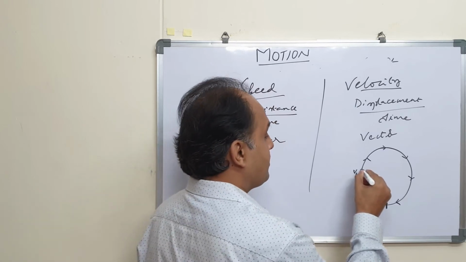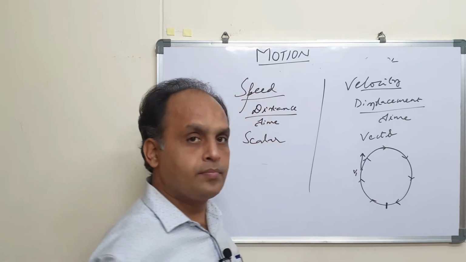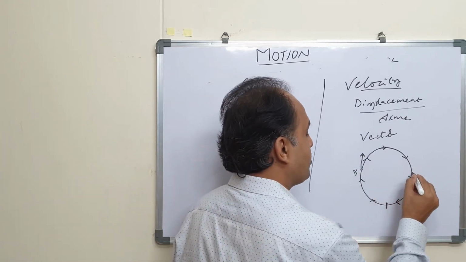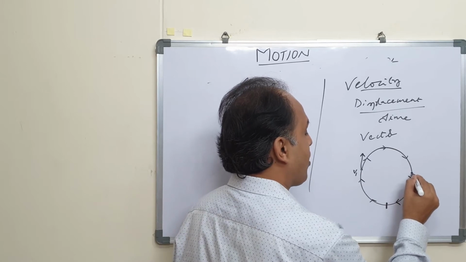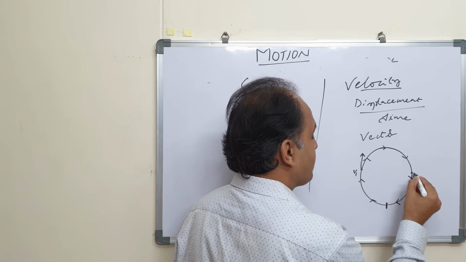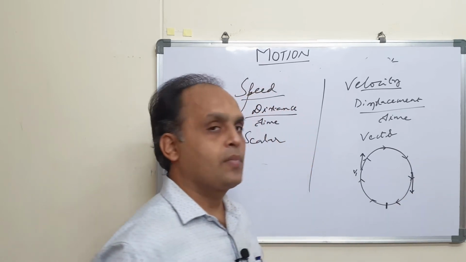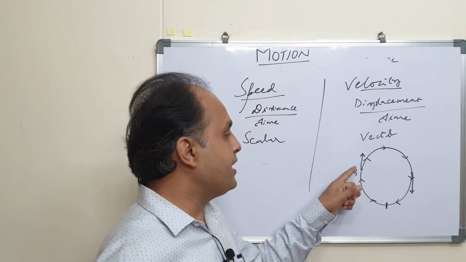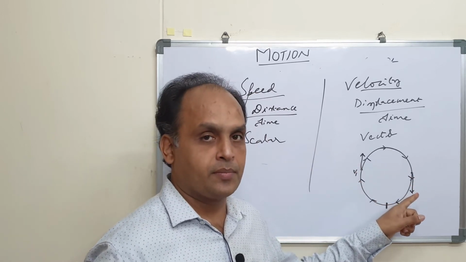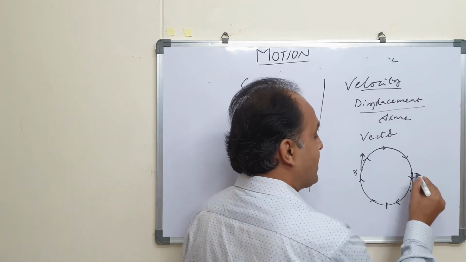Then its direction will be this. Now diametrically on the opposite side, you take another point where the body is. In that case, the body's movement will be in this direction. Now if you observe carefully, this direction and this direction are opposite to each other. Then if this is v1, can I say this as minus v1?